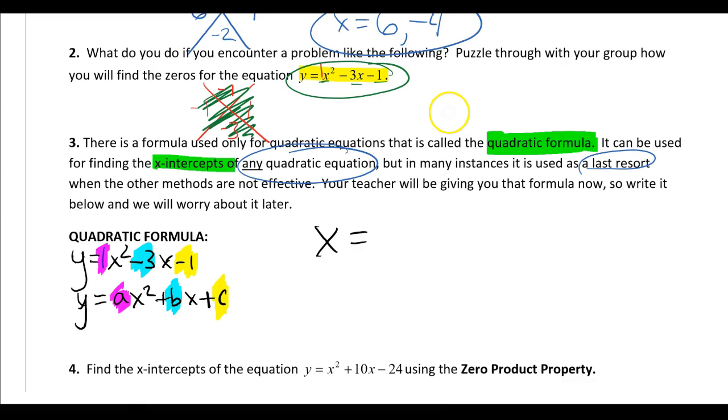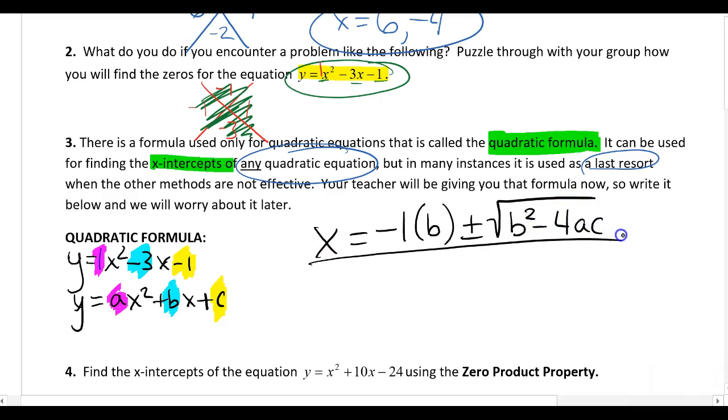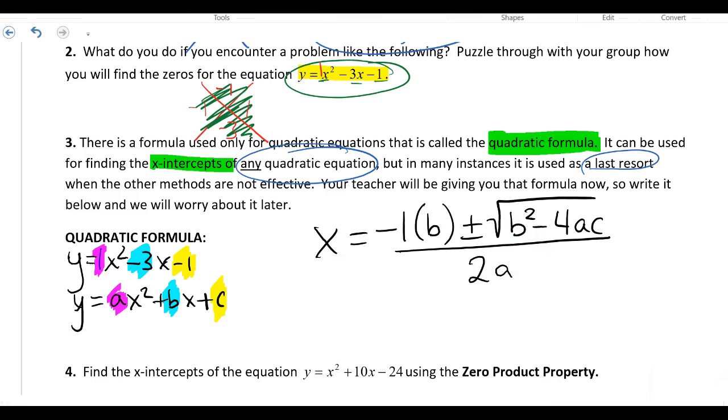Okay, so the quadratic formula is negative 1 times B plus and minus the square root of B squared minus 4 times A times C, all of this divided by 2 times A. Now, where did all this come from?